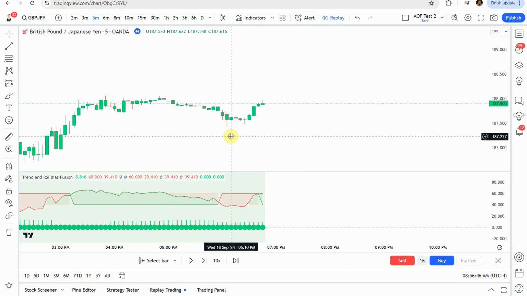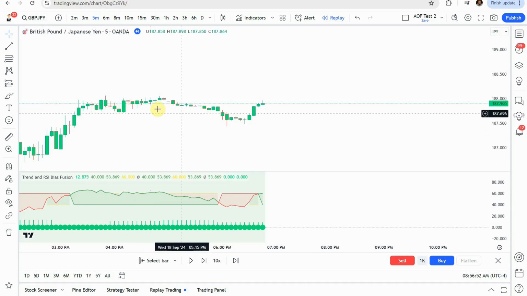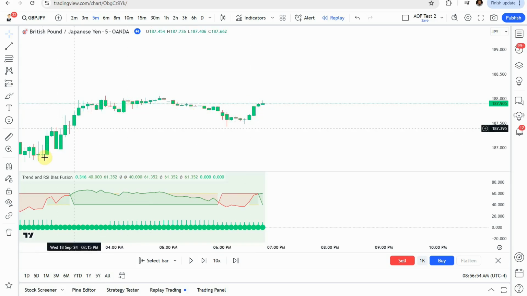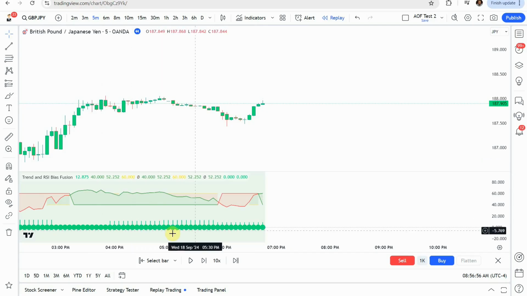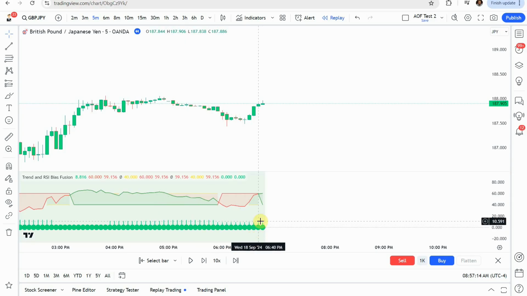And so what we're looking for in a long trade is, first, we are looking for the bar coloration to be green, like it is here. Then we're going to look down to the trend bar, I guess we'll call it, down here at the bottom, kind of a dots type line. And we want that to also be green. And then we want a green spike to be coming off of one of these dots.